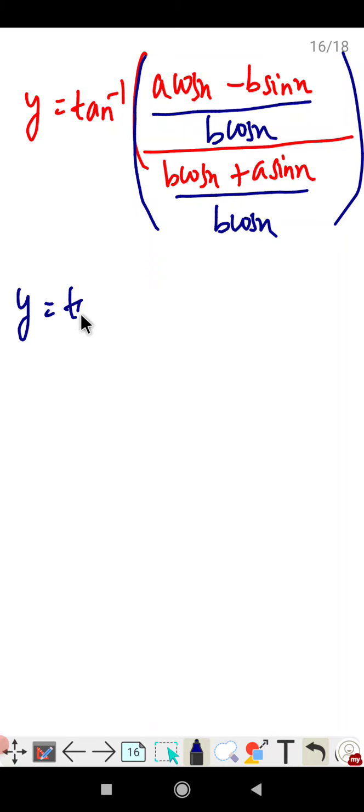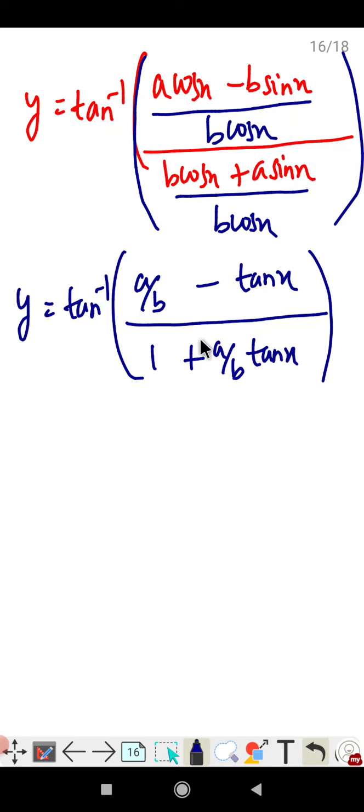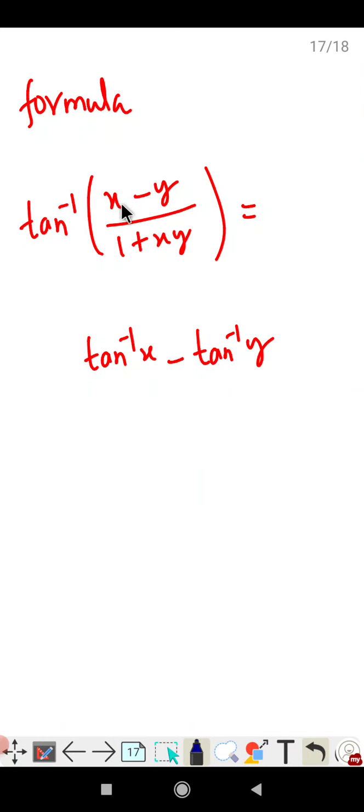So y will be tan inverse of, dividing the numerator by b cos x, a by b into 1 minus sin x by cos x, which is tan x, divided by, after dividing b cos x, 1 plus a by b tan x. What is this formula? We know that tan inverse of x minus y divided by 1 plus xy is equal to tan inverse of x minus tan inverse of y.